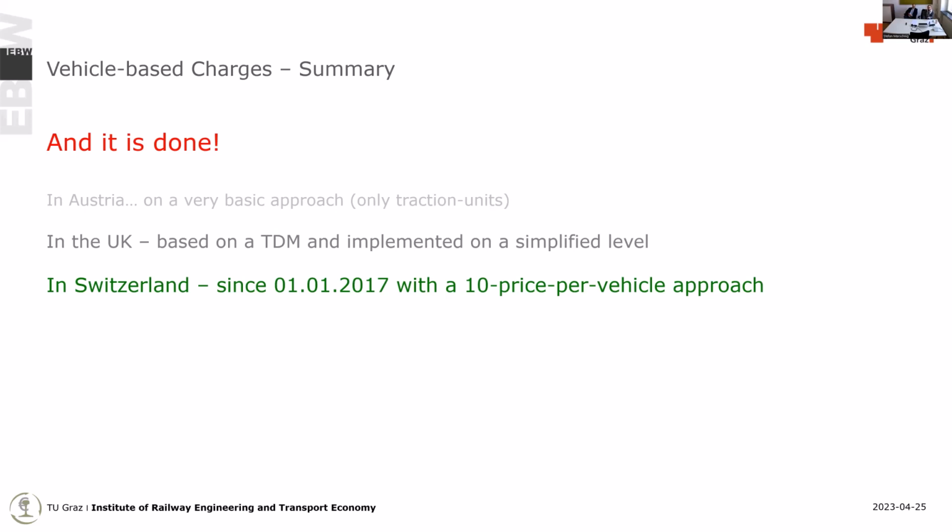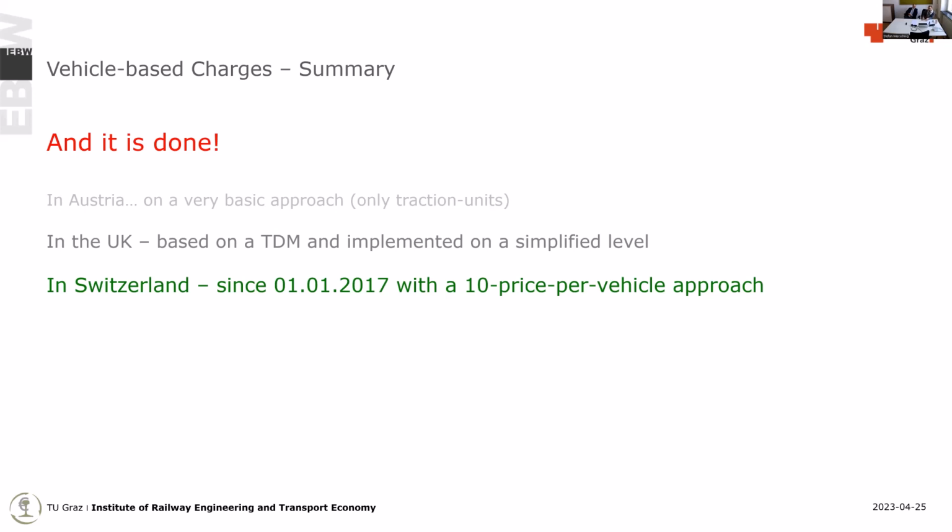The next country that installed such charges that were based on a track deterioration model was in the UK. Still on a simplified level seen from today's point of view, but it was much more detailed than the one used in Austria, and it was applied for all vehicles.